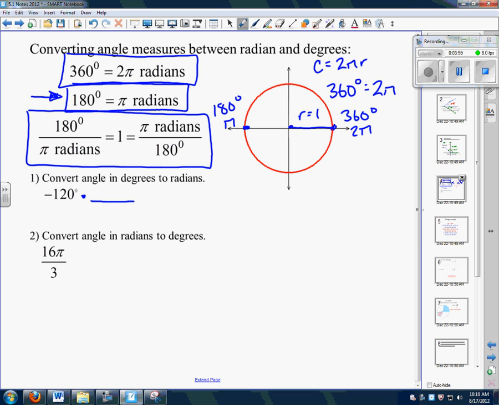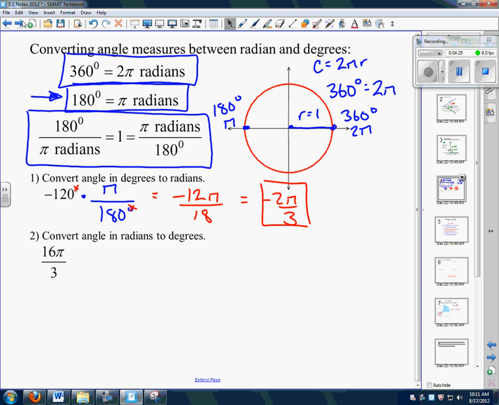Okay, it's the simplest one. 180 degrees is pi radians. You want to get rid of degrees, you put the degrees on the bottom. 1 pi radian is 180 degrees. Your little degree signs cancel. And you just simplify this, get rid of the zeros. Negative 2 pi over 3.